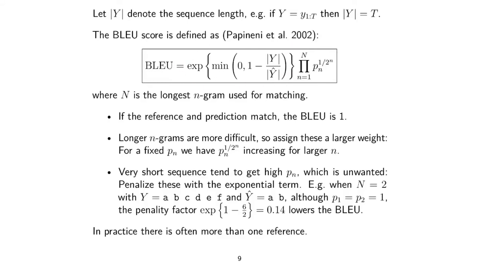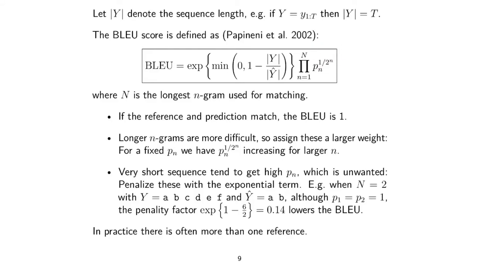Now each of the monstrosities in this equation has a purpose. First of all, if y hat and y match exactly, which means you will have the same n-grams of all orders in the two things, then your BLEU would be 1. You can go and work it out, because you will have 1 times 1 times 1 times 1 to the power of something, but that's just 1.